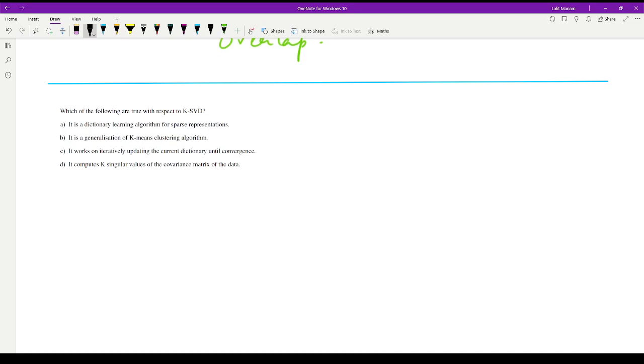And generally, this is obtained by having multiple bases in your matrix, which is technically termed as dictionary. So based on this, we have a question: what is KSVD, by the way?